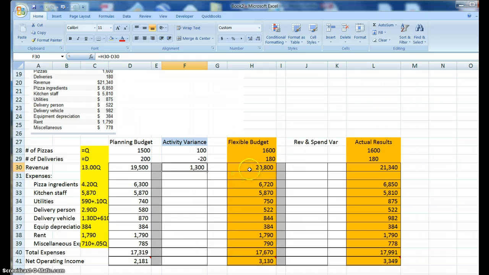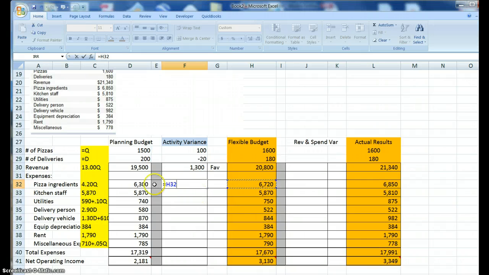This is a revenue number. So it's going to be a favorable variance because our revenue is higher than the plan. Okay, that's not the case when we hit our expenses. When activity tends to be higher than the plan, costs tend to go up too because we created more pizzas, we worked longer hours, and the whole gamut of different expenses.